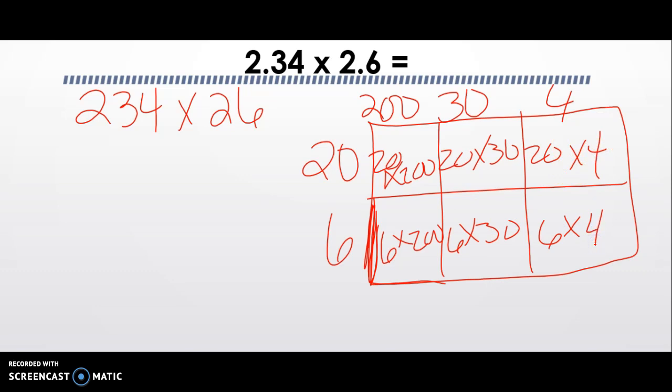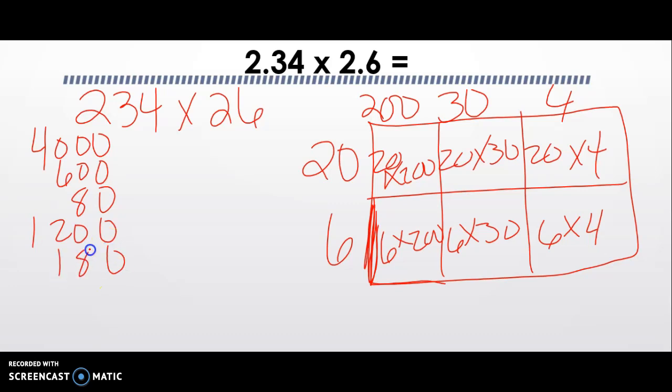2 times 2 is 4 and 3 zeros. Next, 3 times 2 is 6 and 2 zeros. Then I have 80. At the bottom, I have 12 and 2 zeros. Then I have 10 and 18, and then 24.